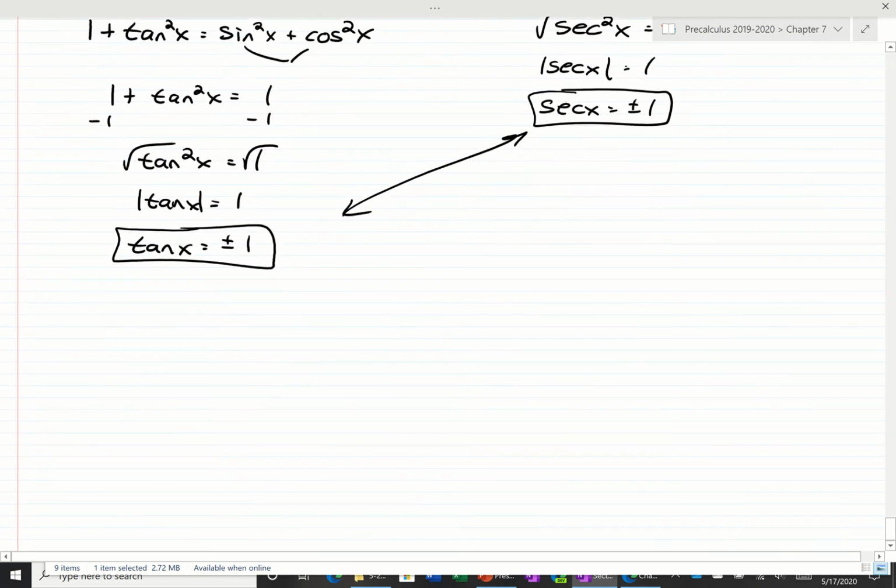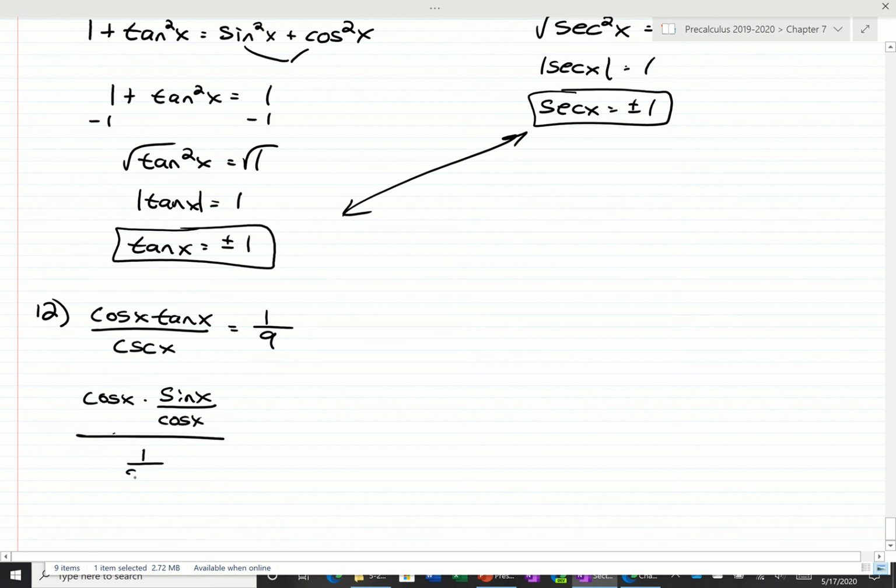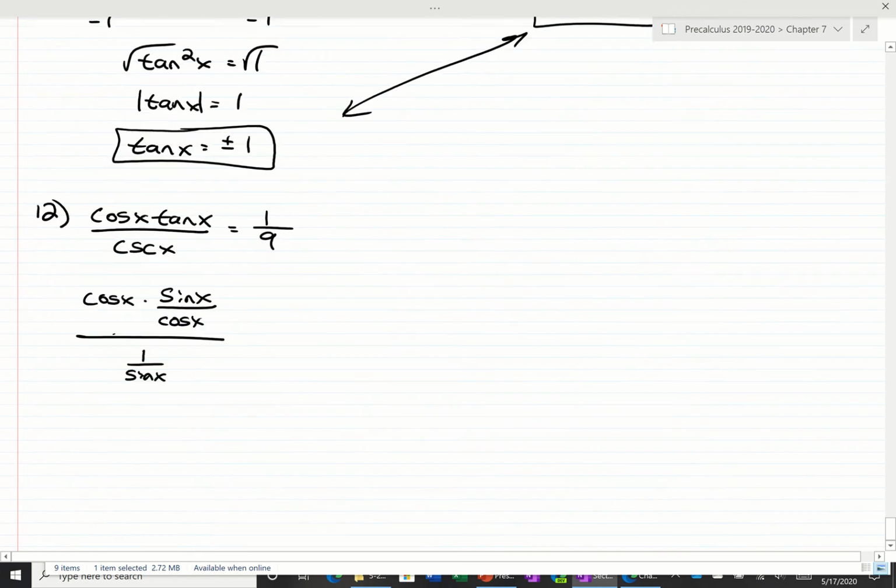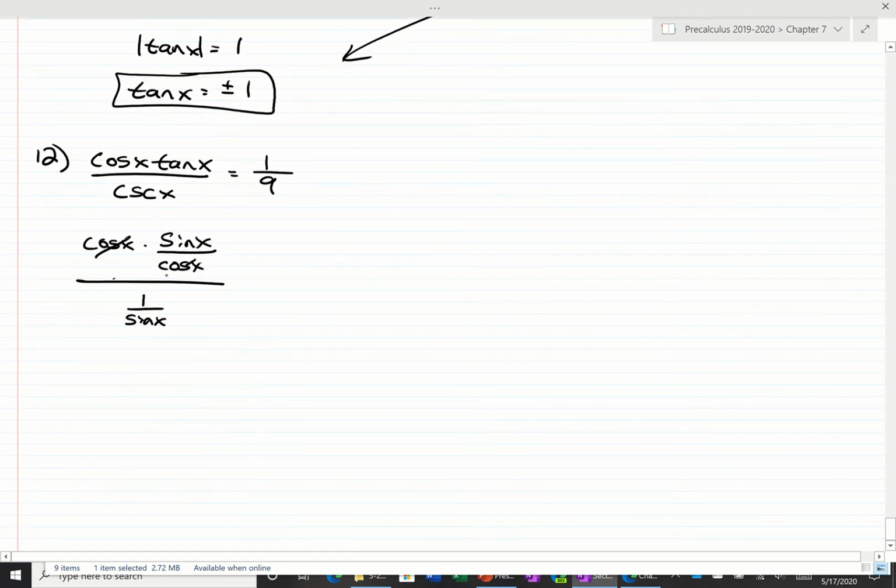We'll finish with number 12. For number 12, it says cosine of x times tangent of x over cosecant of x is equal to 1/9. Well, tangent is just sine over cosine. So that means the cosines are going to cancel.